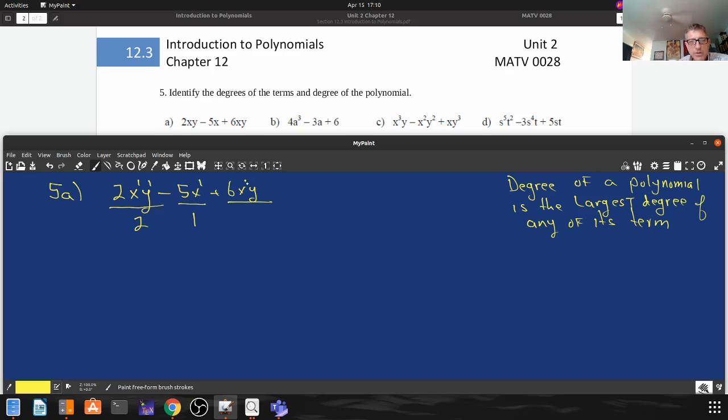And the degree of this term, I add the exponents, and this is 2. So this is a degree 2 polynomial in the variables x and y.